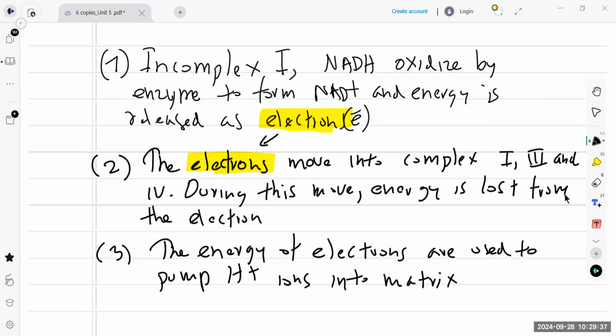We're going to finish today's lesson from point 3, and we can continue from next week. The third point: the energy of electrons is used to pump hydrogen ions into the matrix.